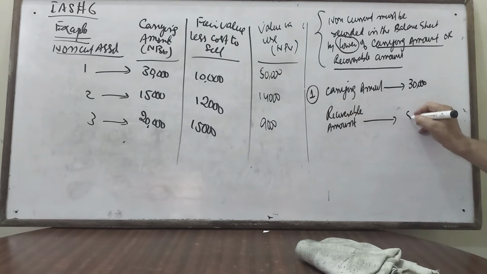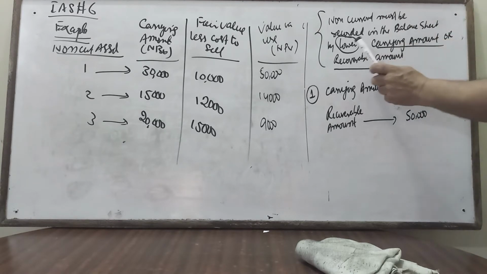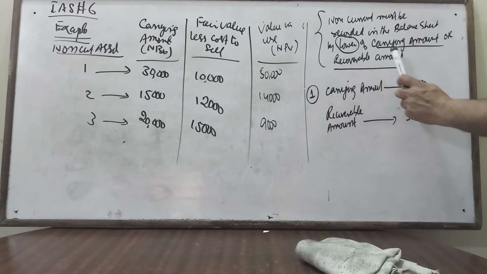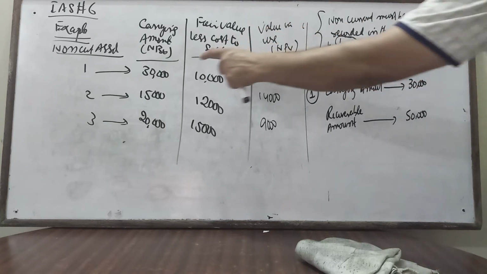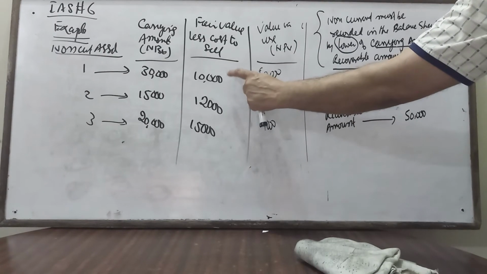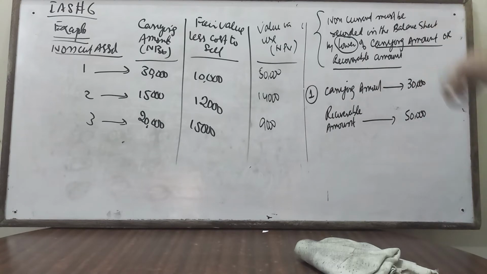Which is 50,000. Okay, a non-current asset must be recorded in the balance sheet at the lower of carrying amount or recoverable amount. First of all you have to calculate the carrying amount, and this is not the recoverable amount. Recoverable amount is the higher of fair value less cost of sale and value in use. Of these, the lower one is 30.